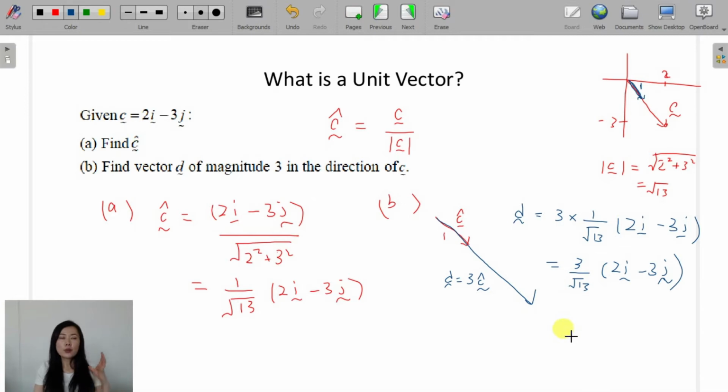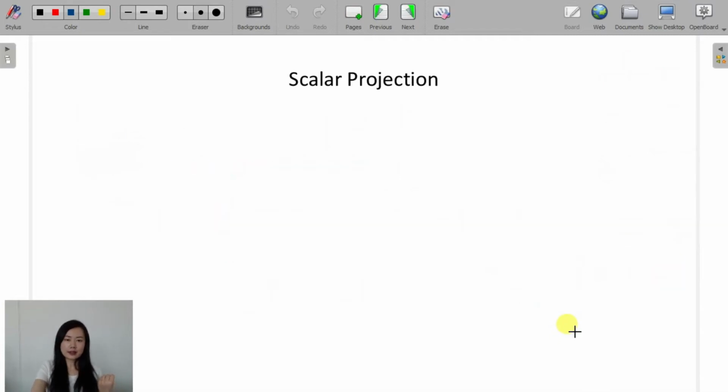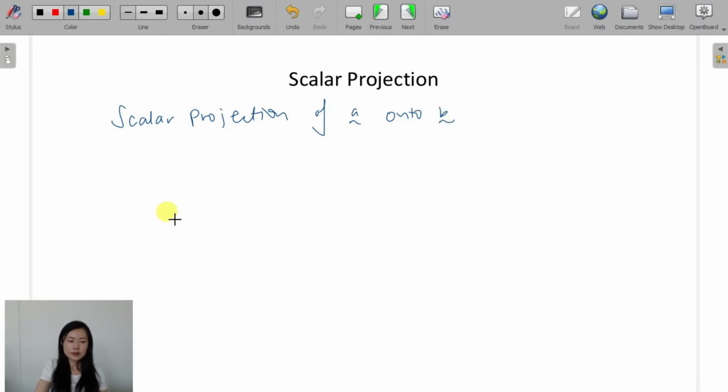All right, so what is the unit vector used for? It's going to be used in our calculations coming up. First of all, I want to talk about scalar projections. So what is a scalar projection?